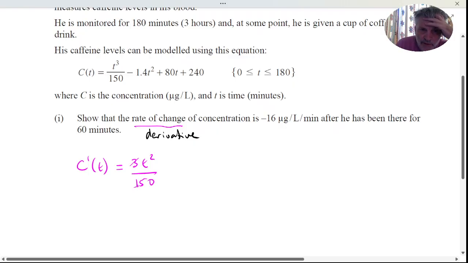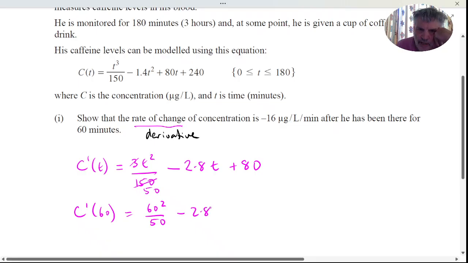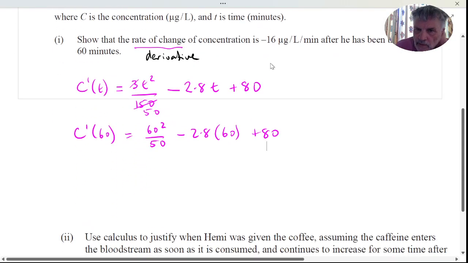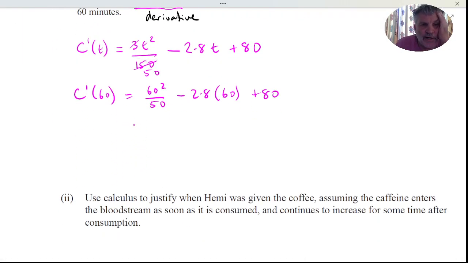That will cancel 3's into 150 is 50 minus multiply by the power 2.8t plus 80, and the 240 goes to nothing. We want the concentration after 60 minutes, so that's 60 squared over 50 minus 2.8 times 60 plus 80. You can just throw all that into your calculator if you want.